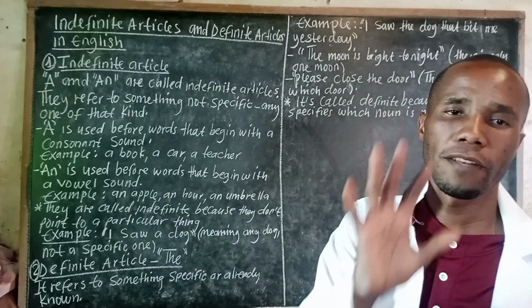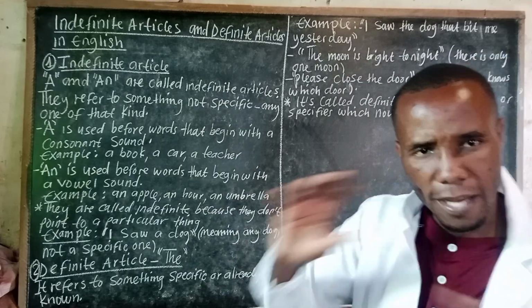So we remove 5 letters, and these 5 are called vowels. Then the rest are consonants.